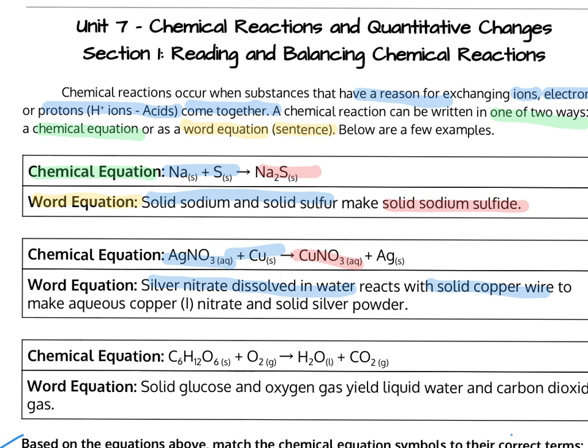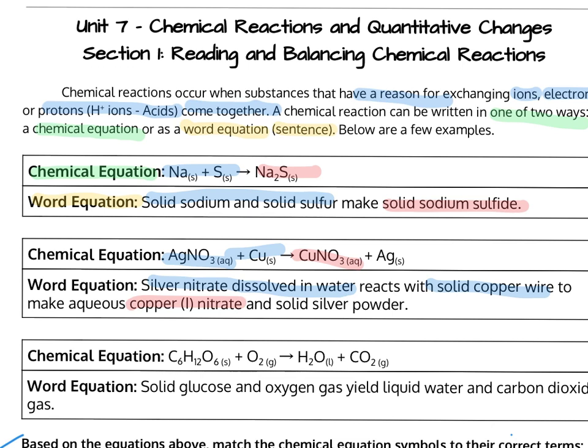Now, copper is a transition metal, and transition metals get something special with their name. You do not need to learn how to do this. You'll never be tested on this. But this Roman numeral here is actually the charge of copper, because copper can have either a +1 or a +2 charge.